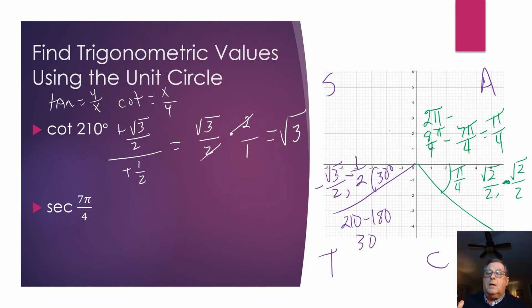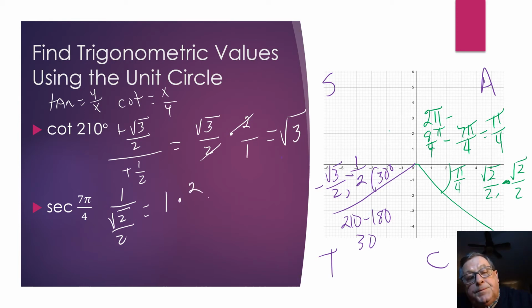All right, okay. So now the secant is 1 over the cosine. So we've got 1 over square root of 2 over 2. Well, that equals 1 times 2 over the square root of 2, multiplied by the reciprocal. And I've got to rationalize that denominator.